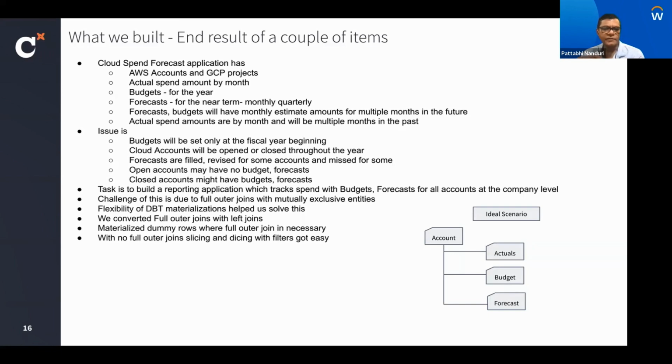Numbers missing, filters on the outer joins, it was very tricky. And with materializations in DBT, we were able to quickly iterate through an effective way of generating some dummy rows and converted all of them to inner joins, and our data validations and data integrity were well explained and well maintained. Thank you.